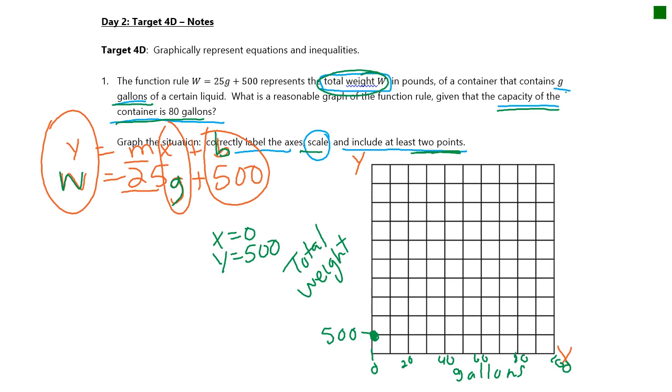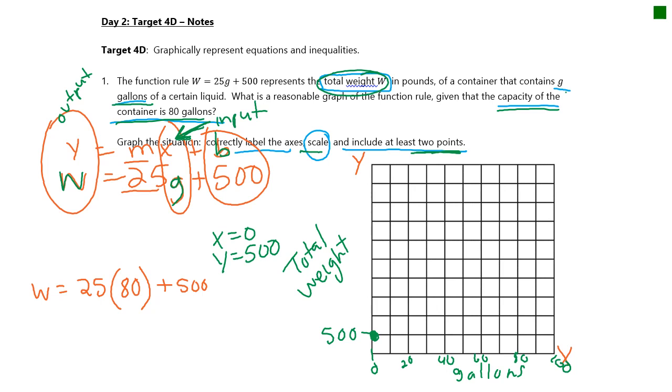If I have 80 gallons, how much total weight am I going to have? I do not know, but remember, X is the input. If I put 80 gallons in here, what is going to be my output? How much weight am I going to have? All you have to do is plug into the equation: W equals 25 times 80 plus 500.